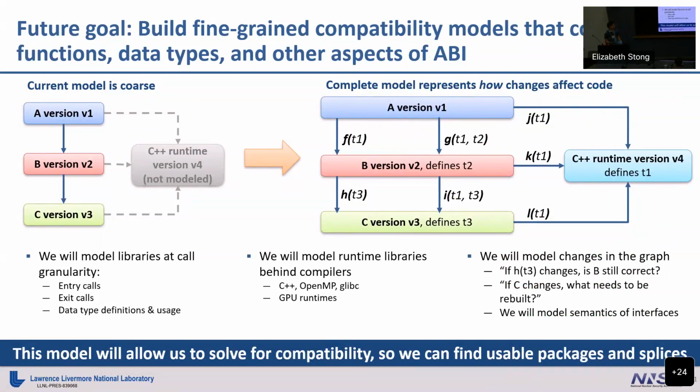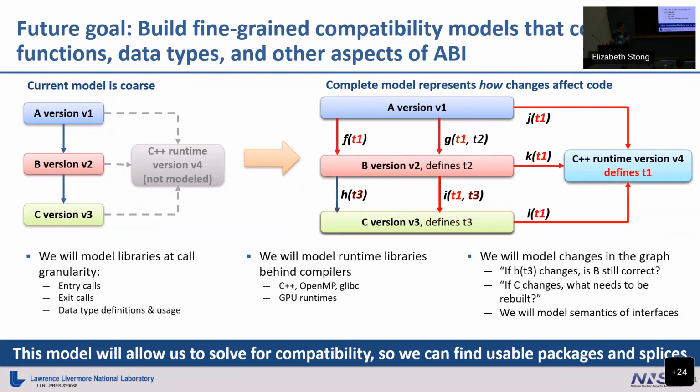But we want to be able to model what types actually changed. If C defines a type T3, and we've got these function calls with the type signatures in, we can see, looking at this model, that a change to T3 does not actually change the ABI of package A, and you could swap those in interchangeably without needing to rebuild.